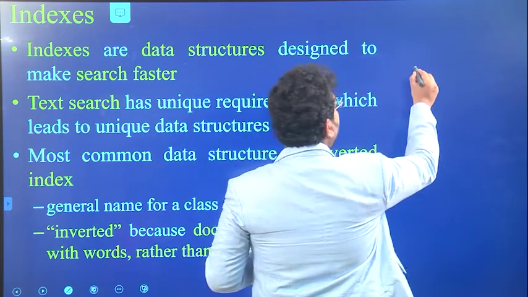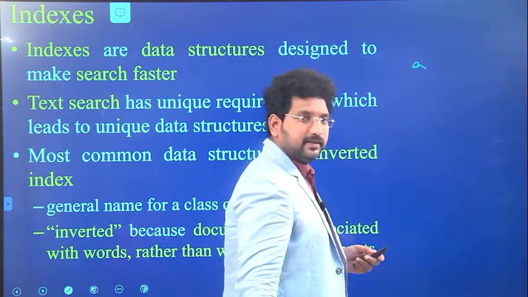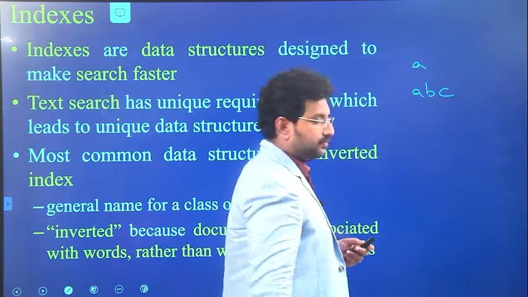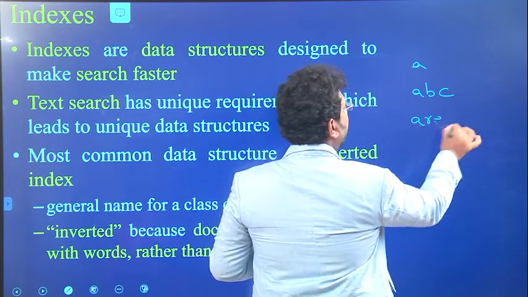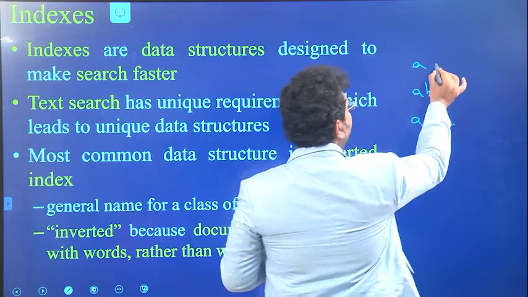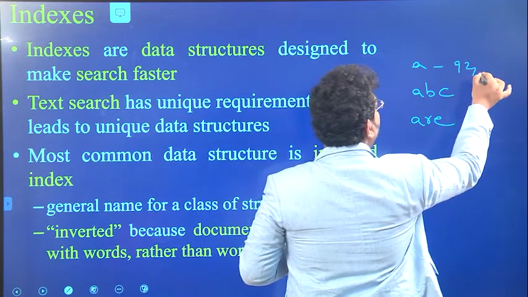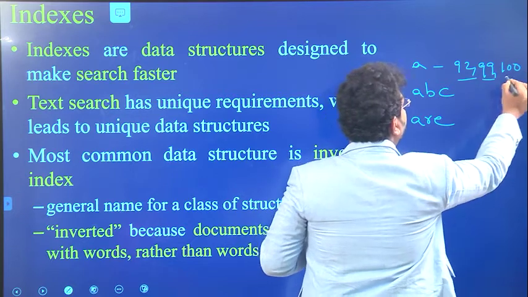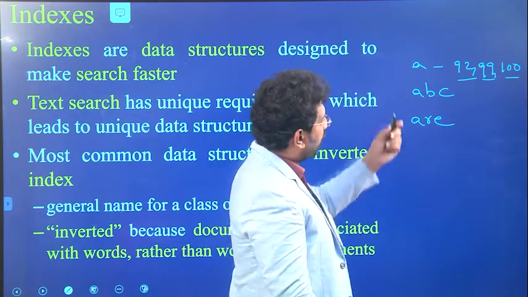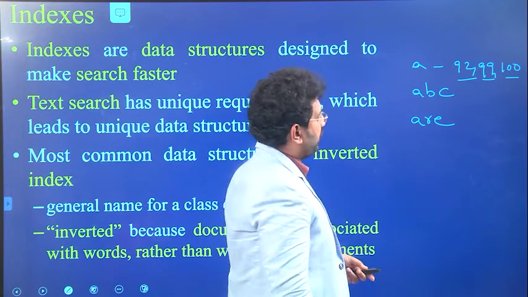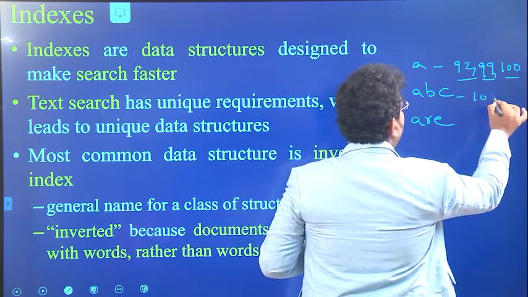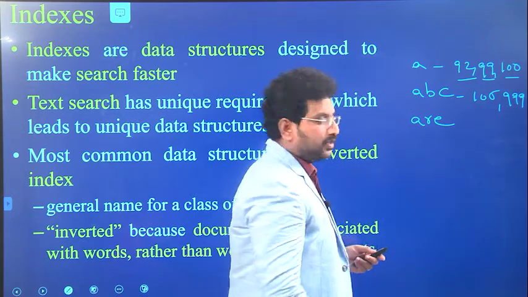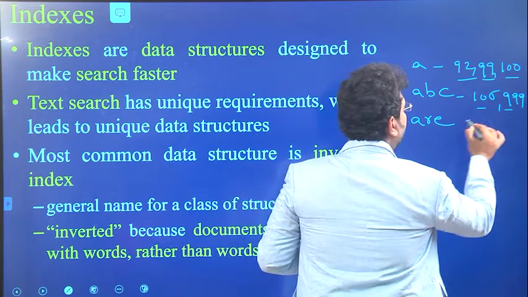For example, if it consists of A, ABC, and R as the words, and A is present in 92, 99, 100, these are all indicating the document numbers. So A is present in which document, and ABC is present in 105 or 99. So these are all indicating the document numbers.